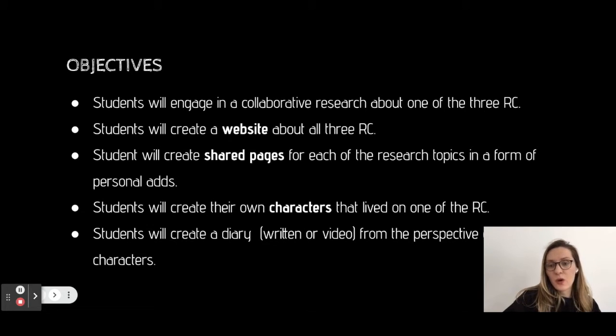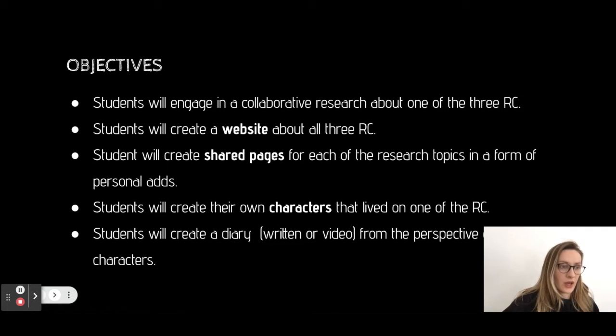Then later on, students will create shared pages for each of the research topics, but in the form of personal ads. So we're trying to make it a little bit more personal to make sure that students try to think how people who lived in river civilizations thought.